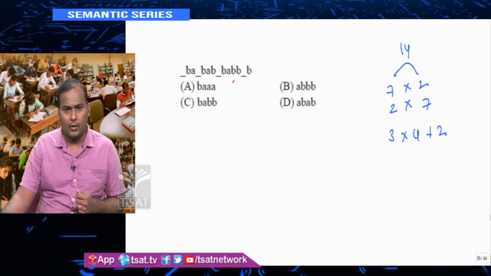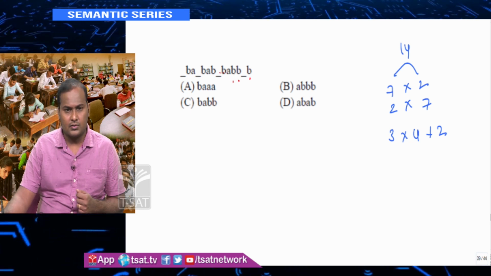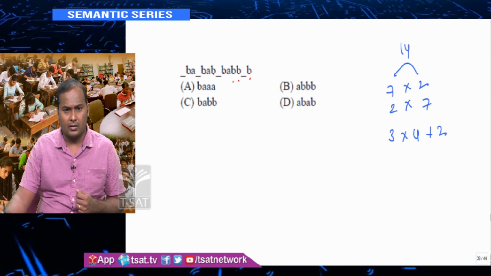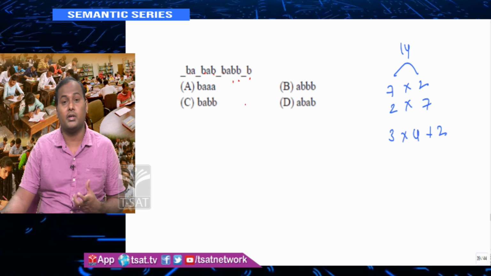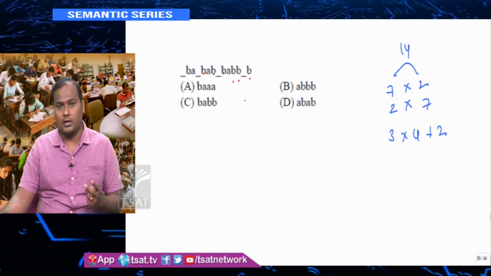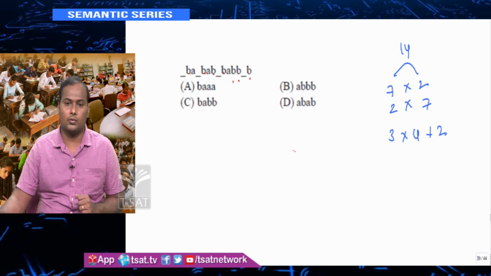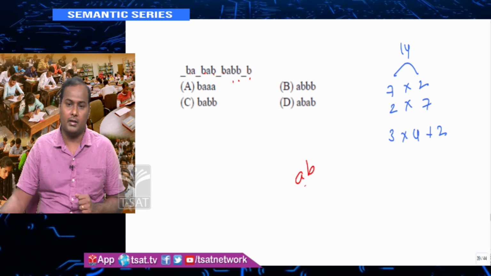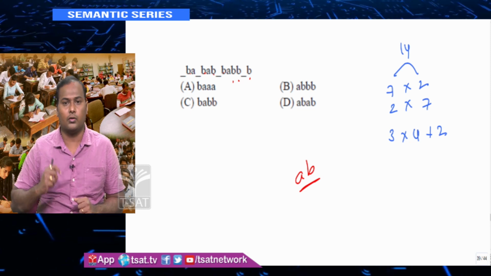Here see 1, 2, 3, here entirely 4 blocks of B's are repeating. Here also B, B. So here also B, here also B. So there are a lot of B's. So what I feel is there is a repetition of A and B. Moreover, in this case, how many letters are there? Only 2 letters. What are those 2 letters? Only A and B. There is no C even. So the repetition will be in A and B only.